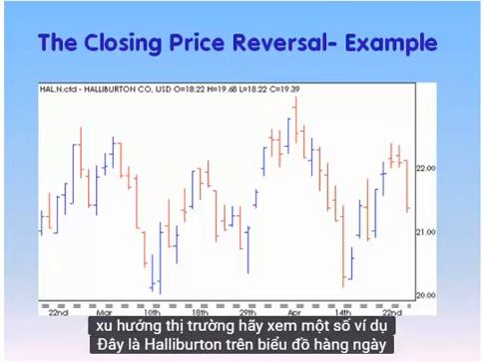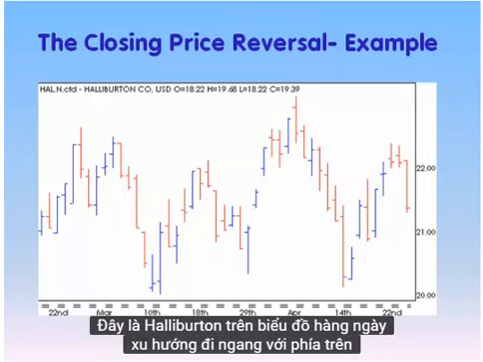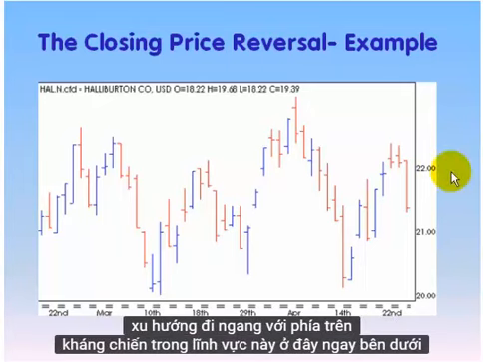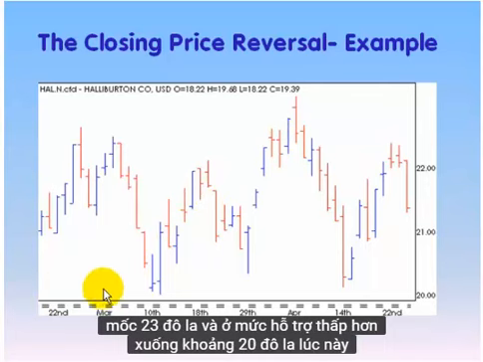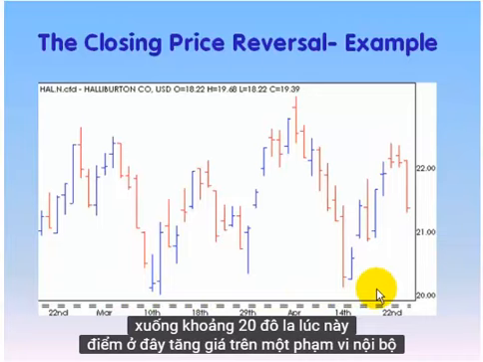Here's Halliburton on a daily chart, trending sideways with an upper resistance in this area here, just below the $23 mark, and a lower support down around the $20 mark at this point here.